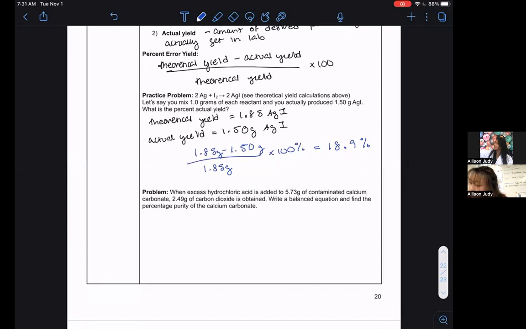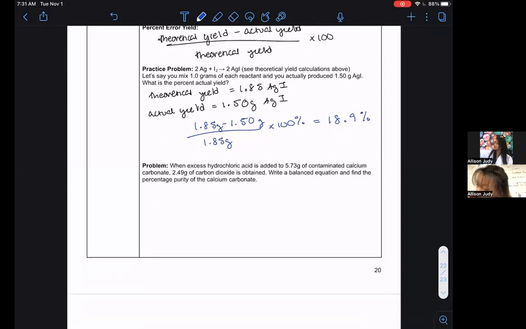So what about this one? When hydrochloric acid, HCl, is added to a contaminated calcium carbonate sample, 2.49 grams of carbon dioxide is obtained. Write the balanced equation and find the percent purity. So I have hydrochloric acid, which is most likely aqueous, probably in a liquid water solvent.